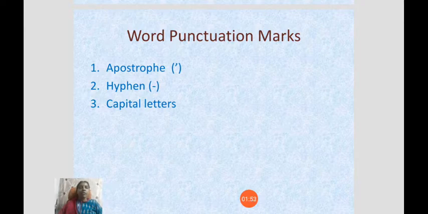So the symbol of apostrophe is given in brackets. The symbol of hyphen is given in brackets. For capital letters, we use the first letter of the word in capital. Now we will look at each of these marks in detail, how they are used.